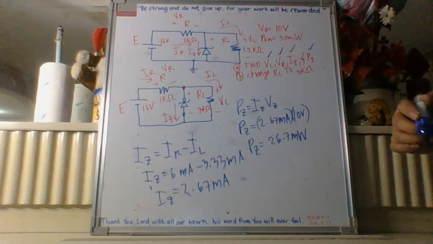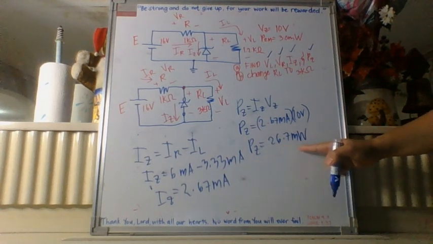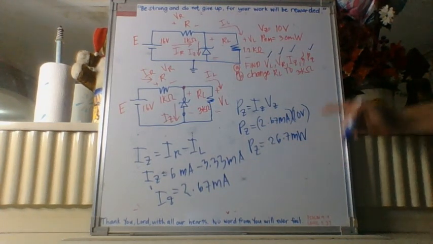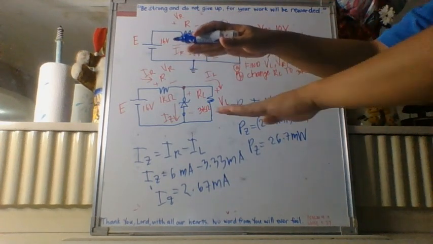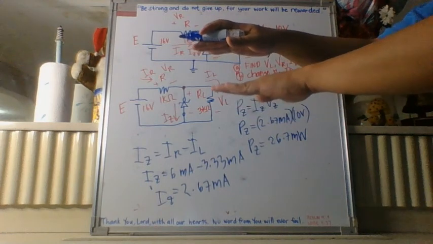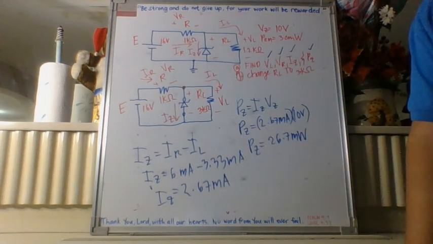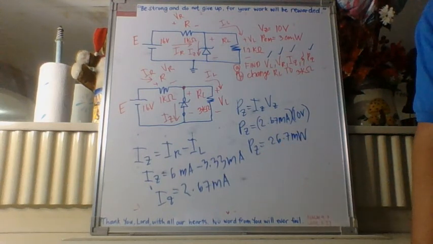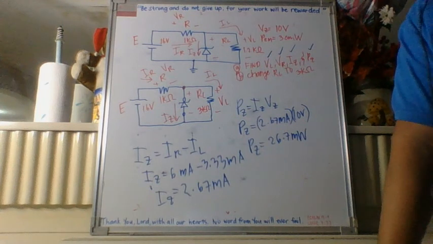So tignan natin kung pasok. Ang kinokonsumo niyang power ay 26.7 milliwatts compared with 30 milliwatts. So ito yung ating 30 milliwatts. This is 26.7, which is below the maximum value. Therefore, pasok yung value ng ating P sub Z. It means that the Zener diode will properly work and it will properly regulate.